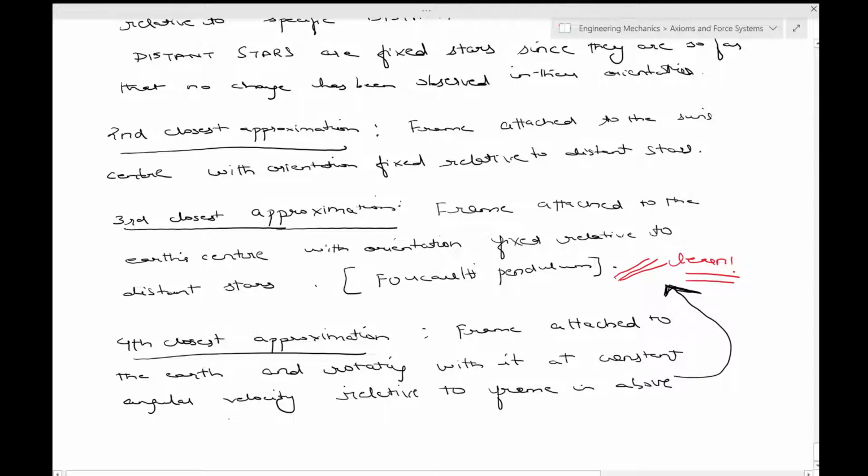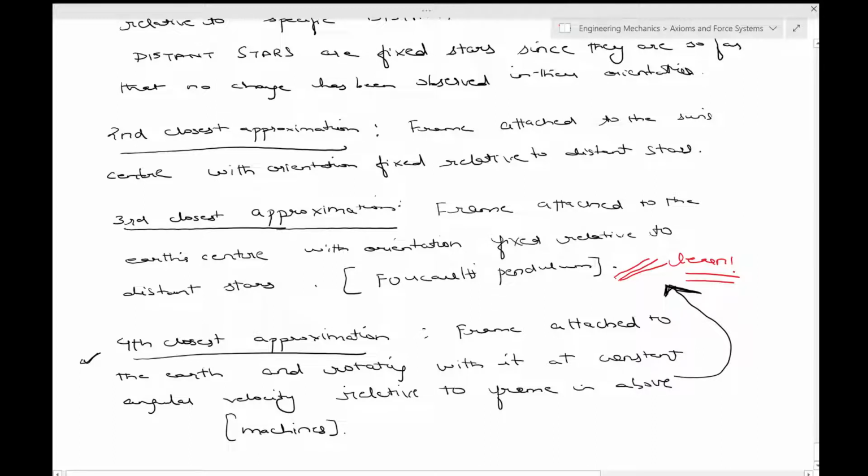So most of the machines which you see around you are over here, okay, and the results are quite accurate if you work in this frame. So for all the engineering applications, we actually work in this frame, which we assume to be an inertial frame.